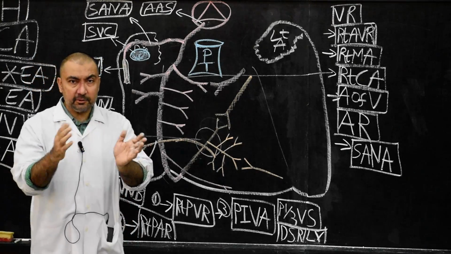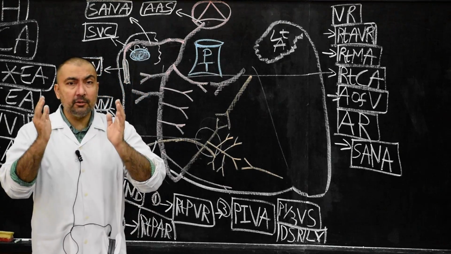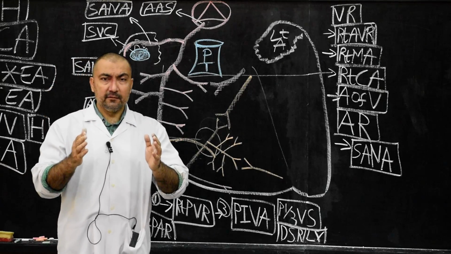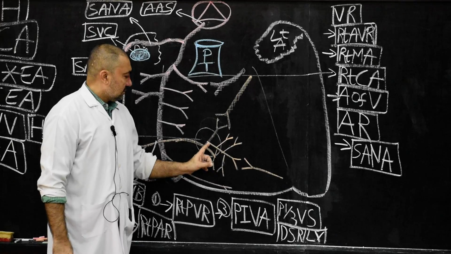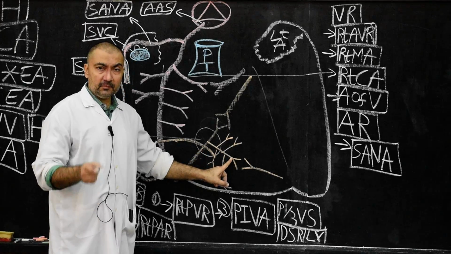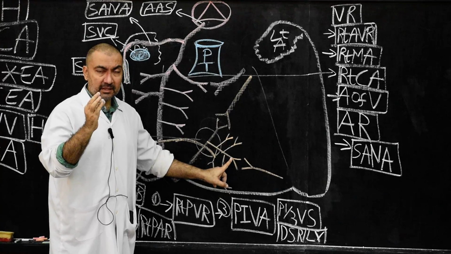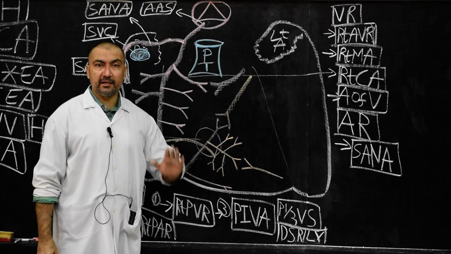It can be in applied anatomy also. You can mention this as a part of applied anatomy. And now the most important portion, which is present in applied anatomy. The posterior interventricular branch, sometimes, in rare cases, will be a branch of left coronary artery.